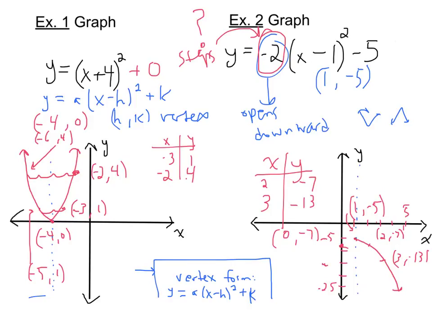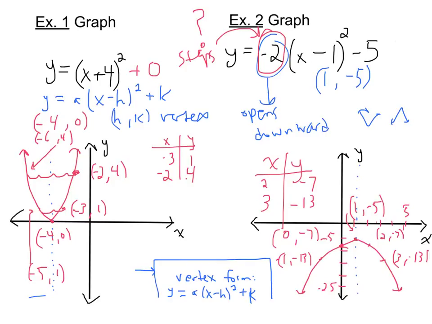I missed a little bit, but that's going to be, let's see, if I move 2 and then another 2, that's going to be -1, -13. And then I'll copy the other half of the parabola, and that is my graph.